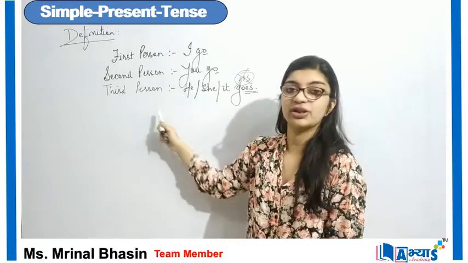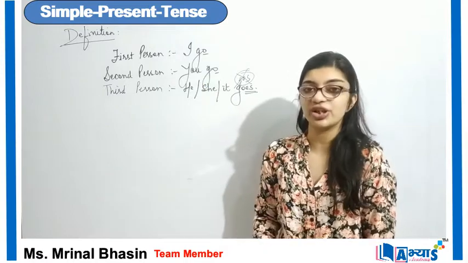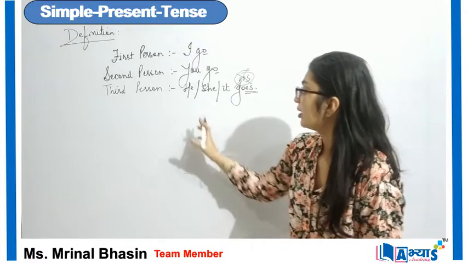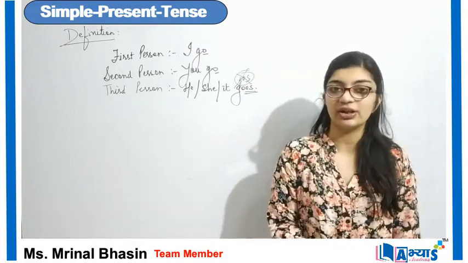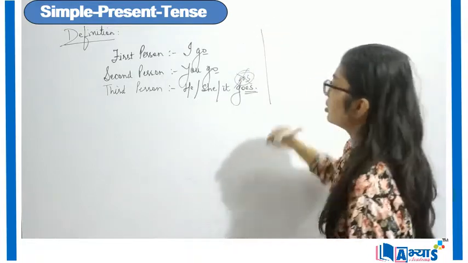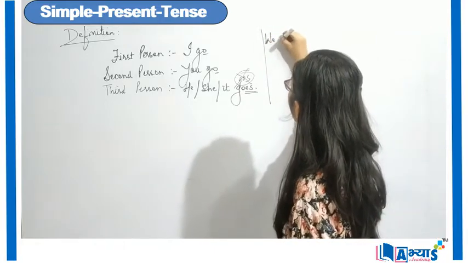It is used for the third person, but for the first and for the second person there will be no change. It will be just a simple form of the word. But here this third person is considered to be singular. But if the same person is plural, for that I will say we go.